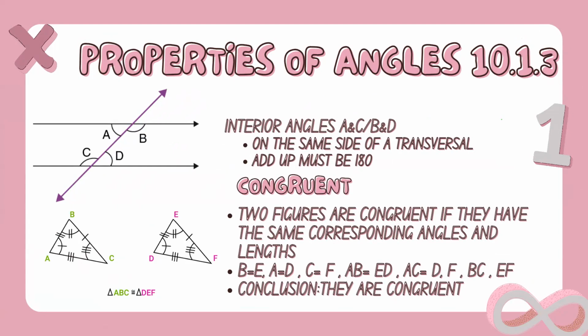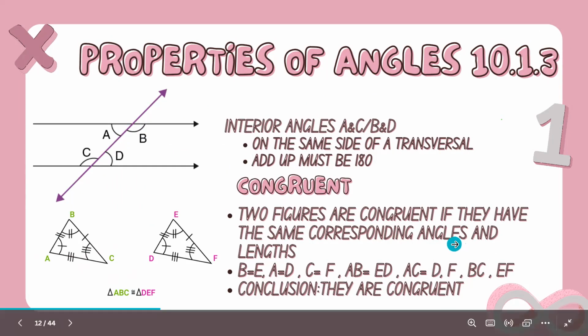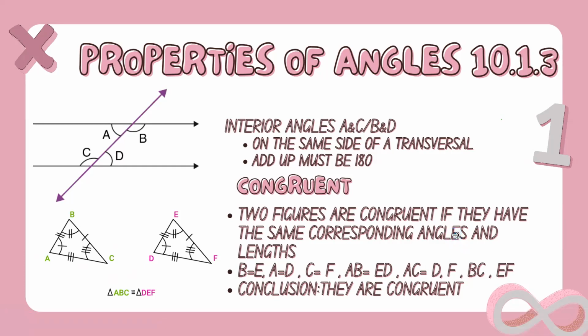For example, B equals E, A equals D, C equals F, AB equals ED, AC equals DF, and BC equals EF. In conclusion, if they have the same corresponding angles, they are congruent. Next slide.